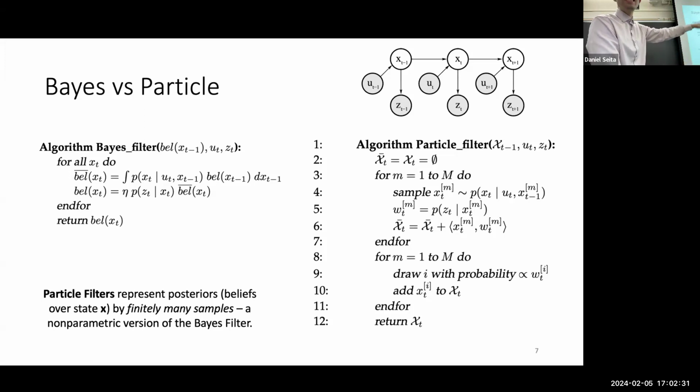We can cover what's inside later. Any questions on the general input and output? Because it's recursive, it represents one time step. If you're writing it in code, you would have to put in the scaffolding for the initial belief and then call this recursively.